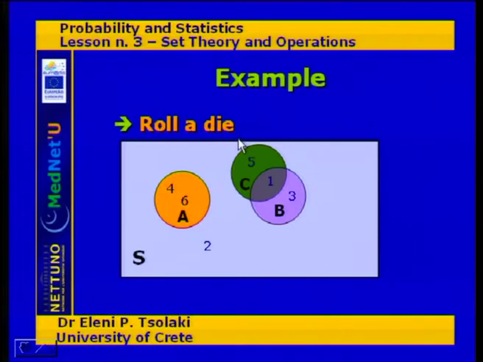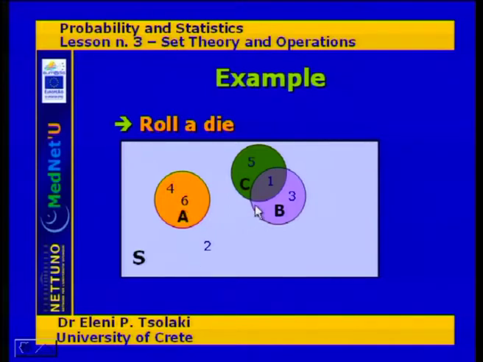We said that we are going to have the sample space, which is the elements 1, 2, 3, 4, 5, and 6. And we say that event A would be elements 4 and 6.